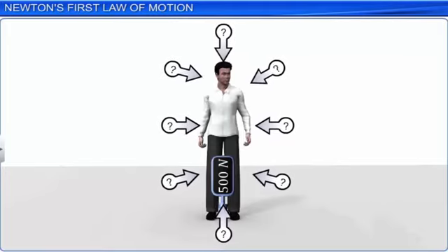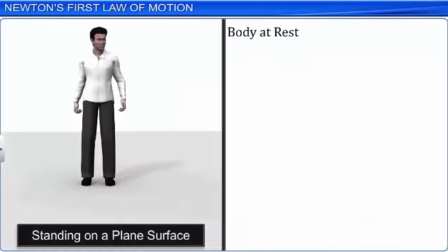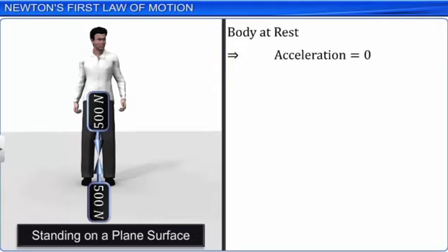You can now apply the knowledge from this module to analyze these situations. You are at rest. That means your acceleration is 0. Since you have already identified one external force acting on you, that is, your weight acting vertically downwards, there must be at least one more force which is equal but opposite to your weight, so that the net external force acting on you is 0.